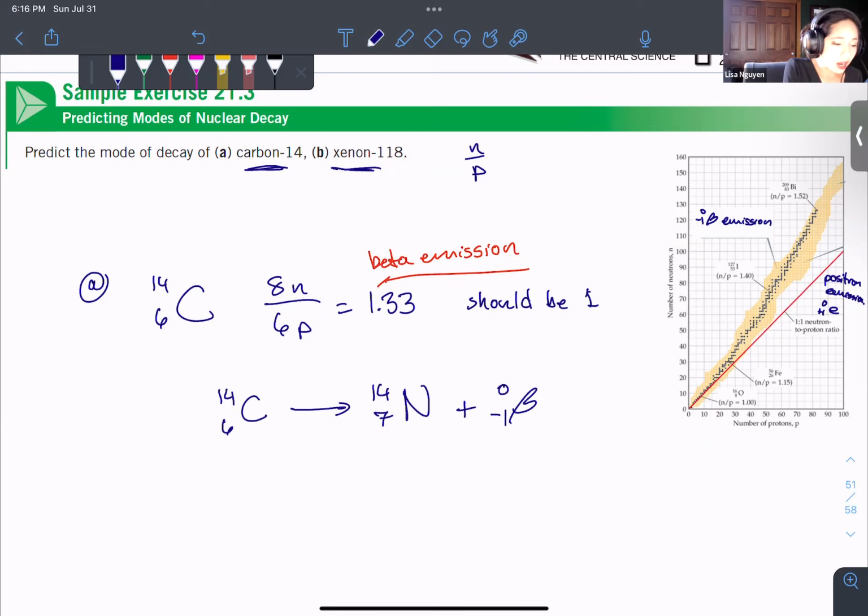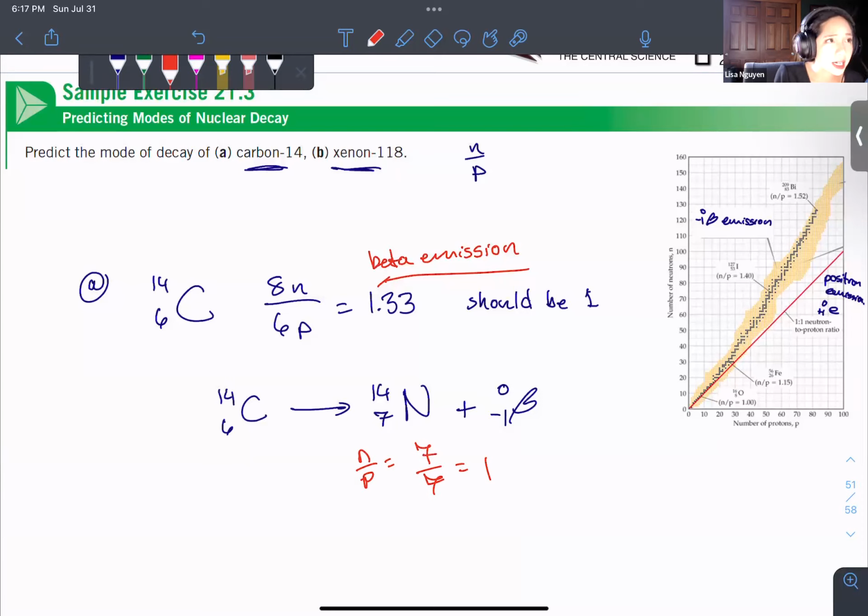If you calculate the neutron to proton ratio for the nitrogen product, it's 7 neutrons and 7 protons, so that equals 1. So when carbon-14 emits a beta particle, it forms a very stable nitrogen nucleus.